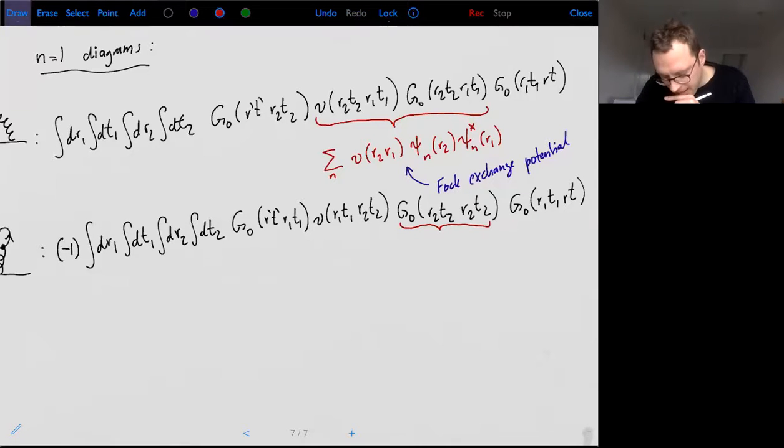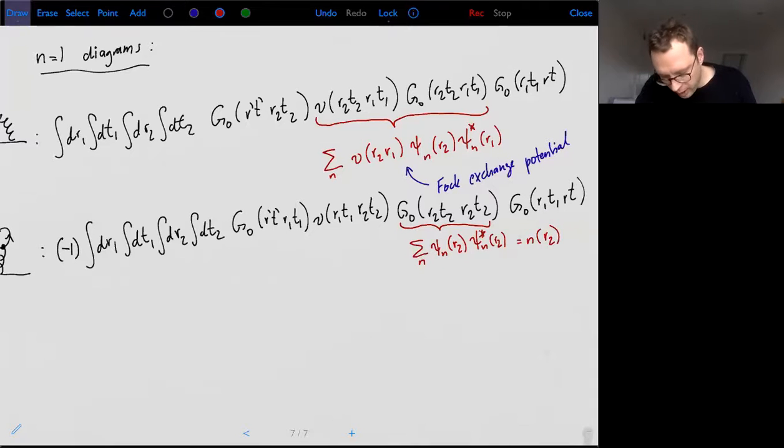So when you look at this Green's function where both arguments are the same, basically what you get is a sum over n of psi_n(r2) times psi_n*(r2), which is of course nothing but the electron density evaluated at r2.